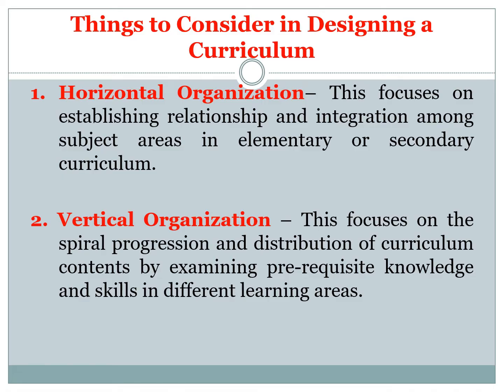Now, when we talk about the prerequisite knowledge and skills in different learning areas, it means the students have to acquire this set of competencies first, because these are considered prerequisite, so they could proceed to the next level and next level and next level, right?